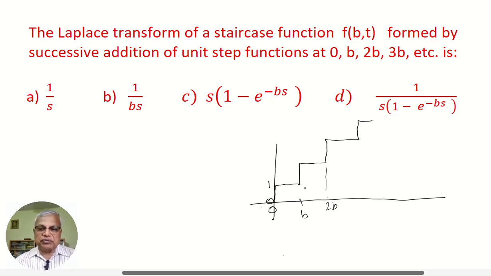So this is the unit step function at 0, and the next one is the unit step function formed at b. The next one added is the unit step function formed at 2b. So these magnitudes are all 1.